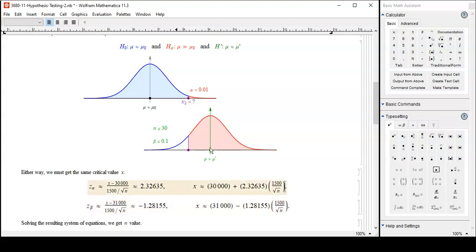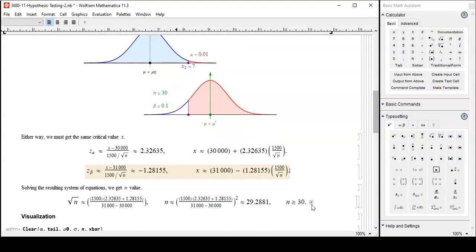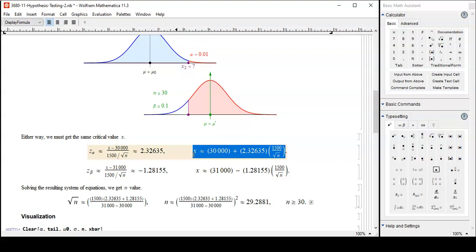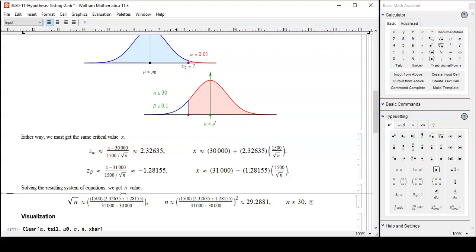Now this X value from the top and this X value from the bottom, they're aligned, they're the same critical value. So the first expression and second expression have to be the same. From this equation, I'm going to get an equation of n. Okay, I didn't write the equation of n, so let me write it.